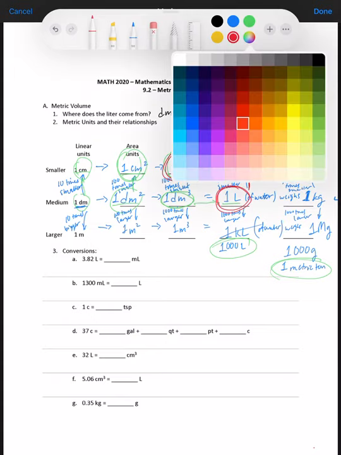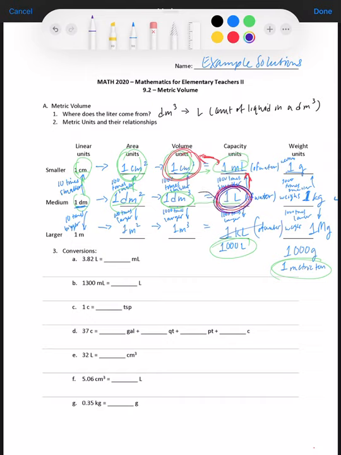We can go from liters down to milliliters, and then over to centimeters cubed, or we can go from liters over to decimeters cubed, and then up to centimeters cubed. So if we go from liters to milliliters, we multiply by 1,000, and then we set that equal to the centimeters cubed.